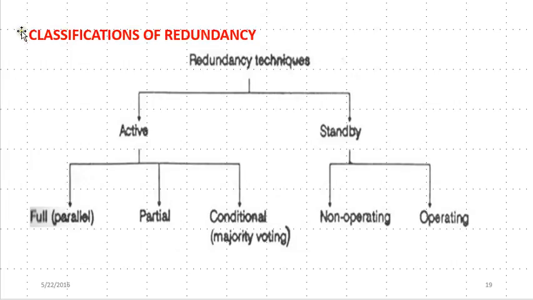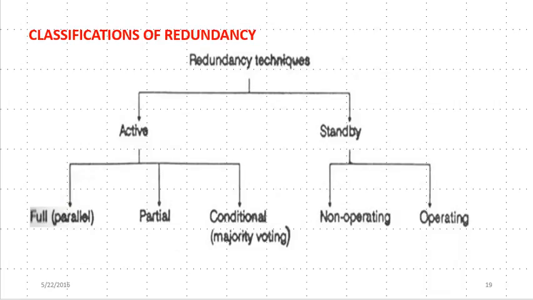Now, for us to have a clearer picture of this redundancy, we have this diagram showing the classifications of redundancy. Basically, we have two classes. One is called the active redundancy and the other one is called standby redundancy, otherwise called passive redundancy. The active redundancy is of 3 types.